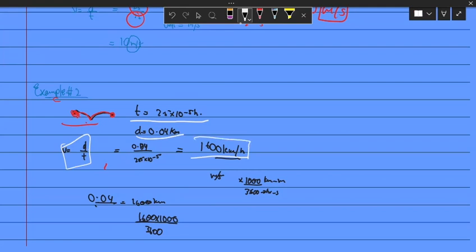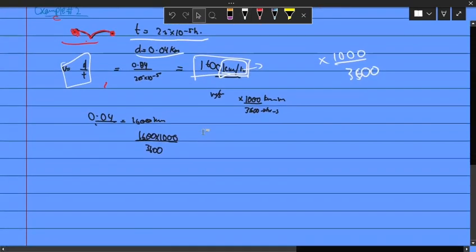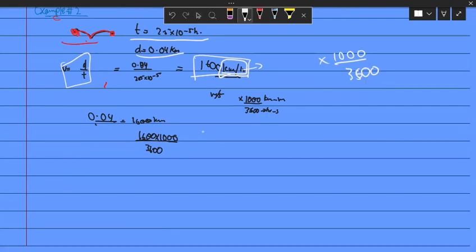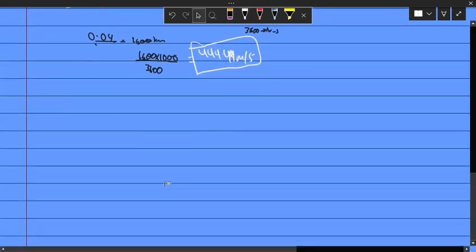But its unit isn't meter per second, so we have to convert it, by multiplying by 1000 and dividing by 3600. Let me check it in the calculator. The answer is 44.44 meter per second. This unit is very important in this question. So we are done with speed.